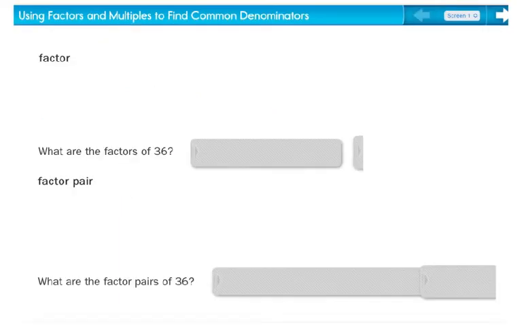All right, we've talked in the past about factors. What are the factors for 36? Well, remember, we also have been talking about factor pairs. I will put your lines out for you.